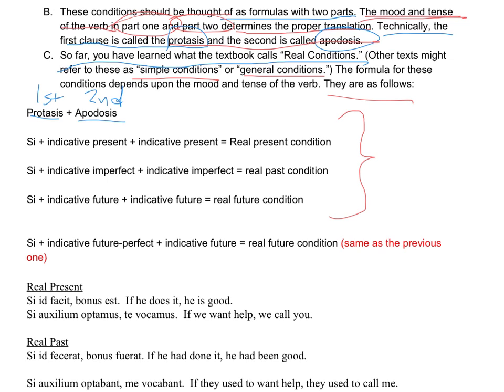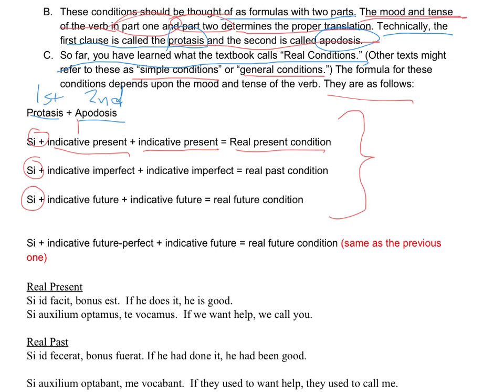Okay, I've also told you that the word si has to be in a conditional sentence. Think of it as like a mathematical formula. Si plus the indicative present plus the indicative present equals what you would call a real present condition.